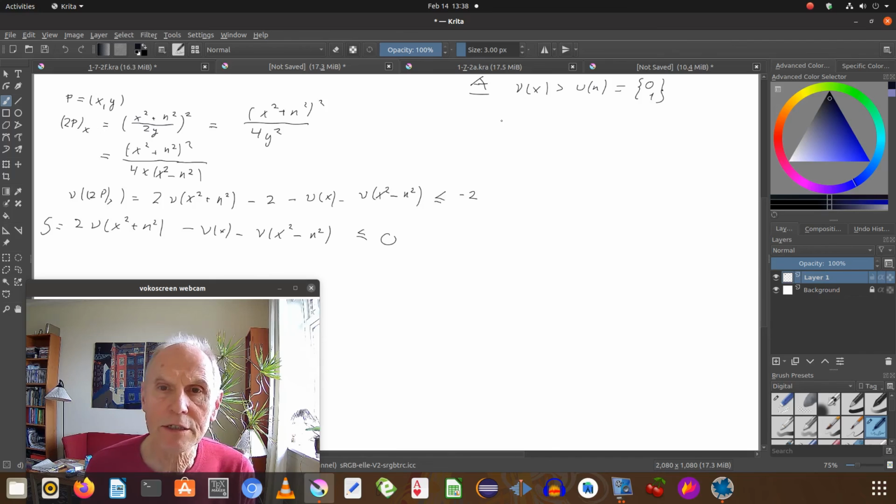Now S equals 2 times the valuation of x squared plus n squared. That's the minimum of them, and that's 2v of n, minus v of x, and this is the same, it's 2 times v of n.